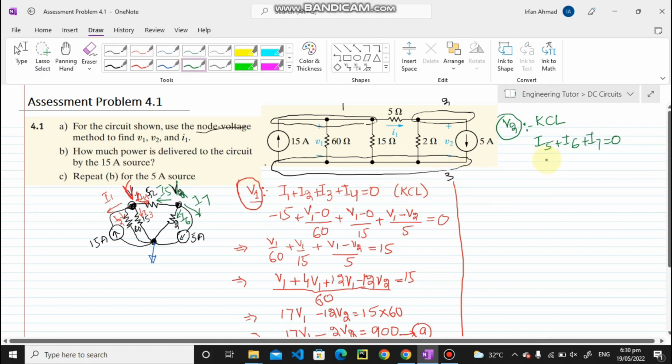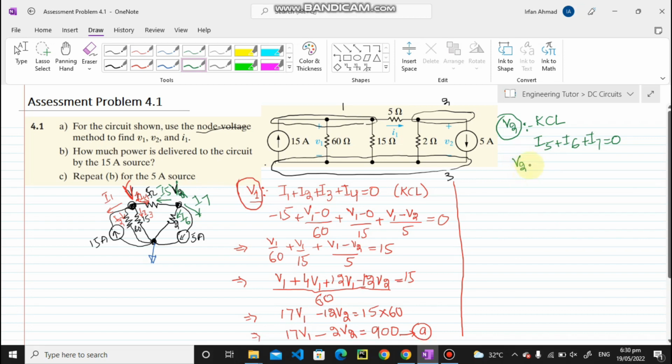So I5 is again equal to the potential difference divided by the resistance. The potential difference here is V2 minus V1 divided by the value of the resistance, which is 5 ohm. The value of I6 is V2 minus 0 divided by 2, and the value of I7 is given here, which is basically the 5 ampere source.